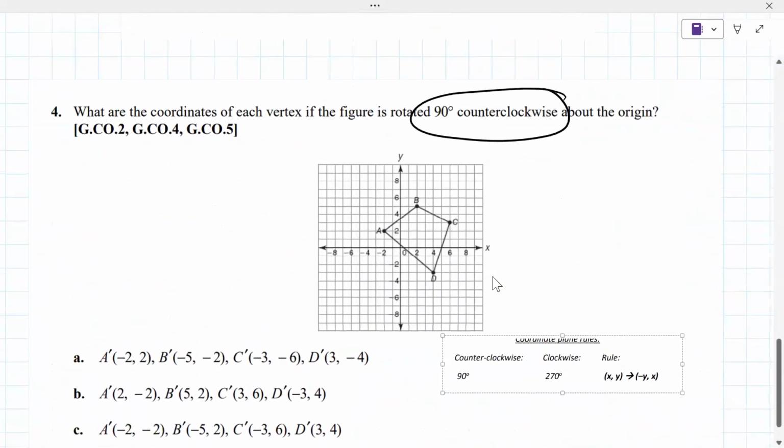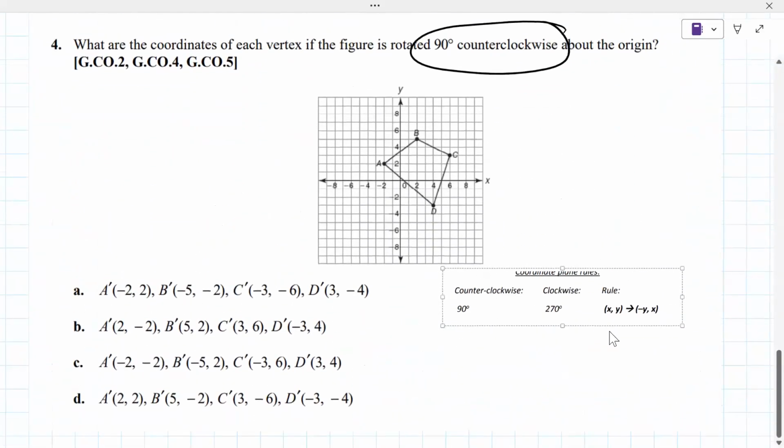Okay, there's the rule. The rule says take your X and Y value and flip them, so the X becomes the Y and the Y becomes the X, but then negate the Y. So you have to go to this graph here and pick a point like A or maybe B and figure out its existing ordered pair and then use the rule to manipulate it.